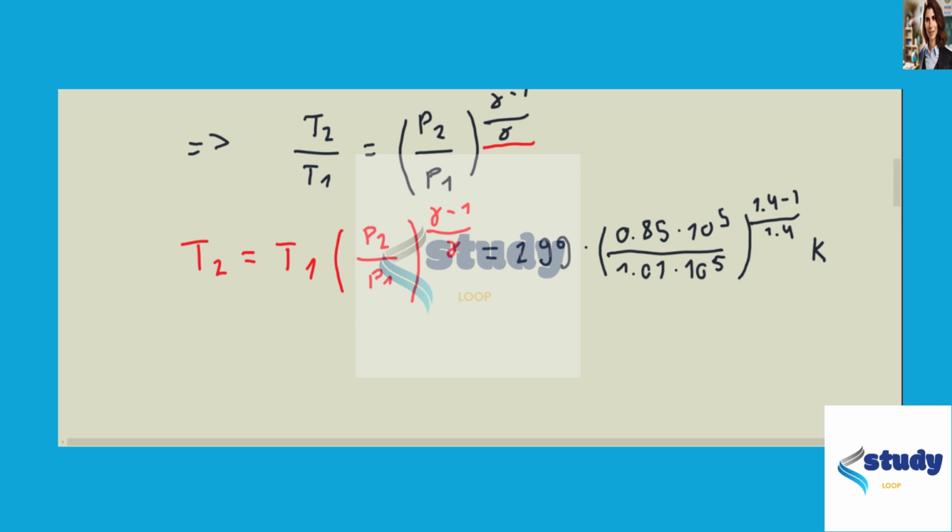This is in kelvins. And finally, when we place these values into a calculator, the result is that T2 equals 284.6 kelvins. This converted into Celsius degrees is 11.6 degrees Celsius.